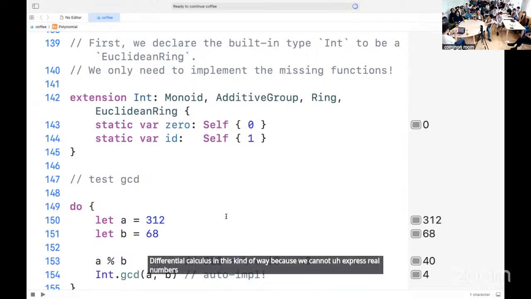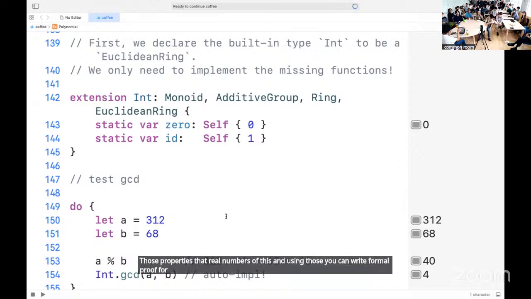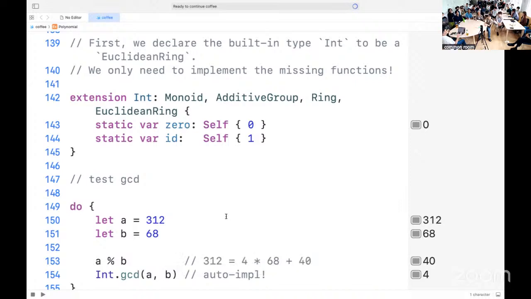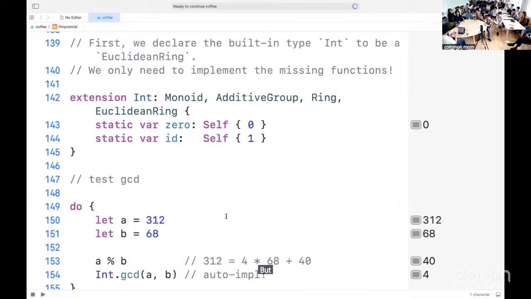But you can formalize the properties that real numbers possess, and using those you can write formal proofs. Doing actual computation is something a bit different. I don't want to say that all mathematics can be implemented in a computable way, but there are things we can do.